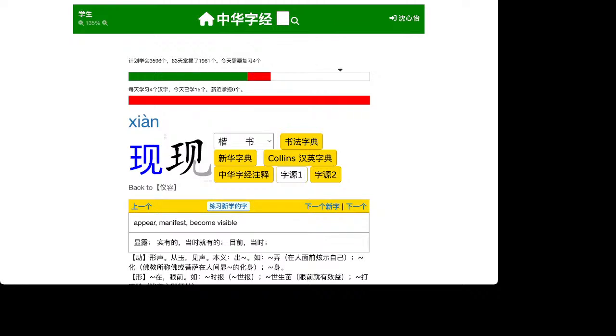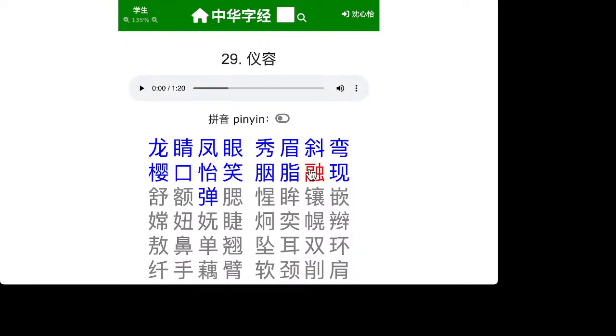So, 线 refers to something that appears, manifests, or becomes visible. And this, so you blend the blush into your cheeks, and it makes that rouge visible. So that's basically what's being said there.